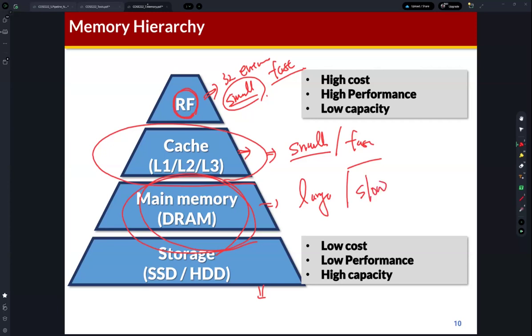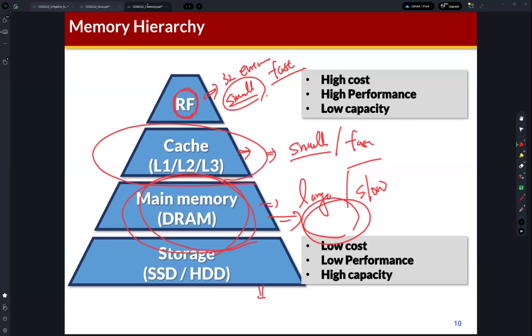In a computer system, we frequently mention that the size of the memory in this computer system is 4 gigabyte, 8 gigabyte, 16 gigabyte. It mentions actually the size of the RAM.